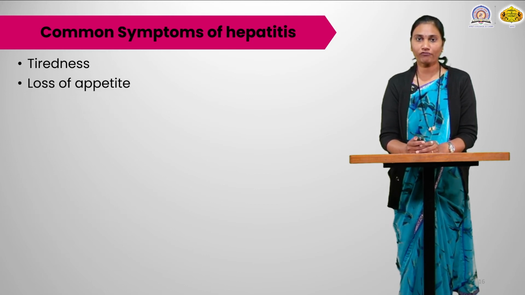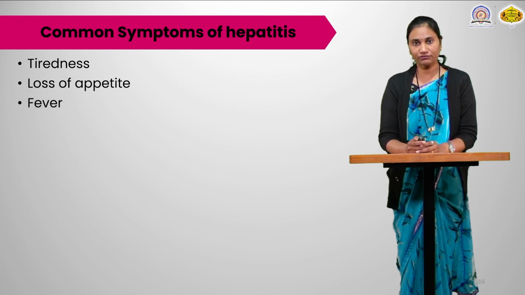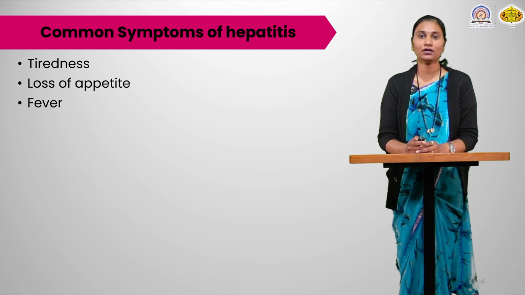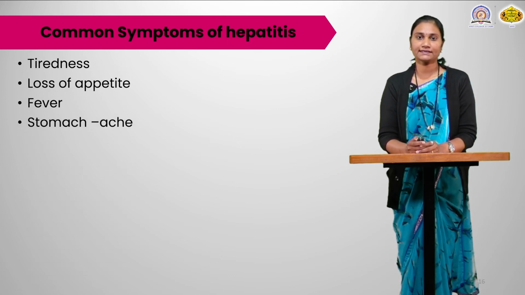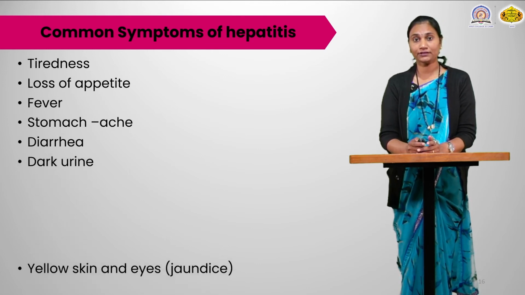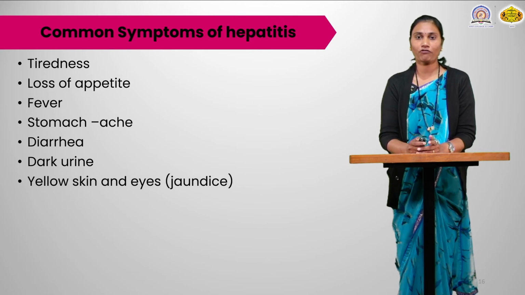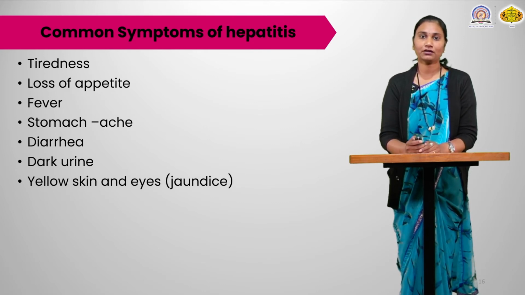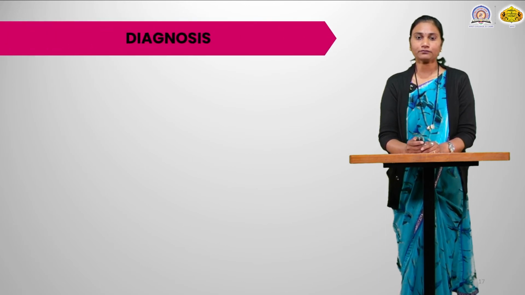Then there is a loss of appetite which leads to nausea. There is a fever, since the organism enters the circulatory system. There is a stomach ache, followed by diarrhea, dark urine, yellowing of skin and yellowing of eyes. That is the major symptom associated with hepatitis.